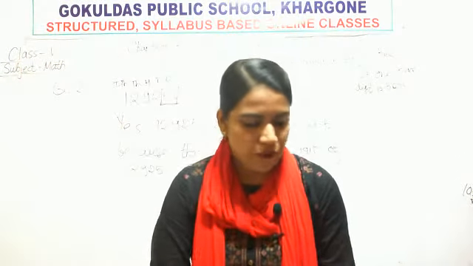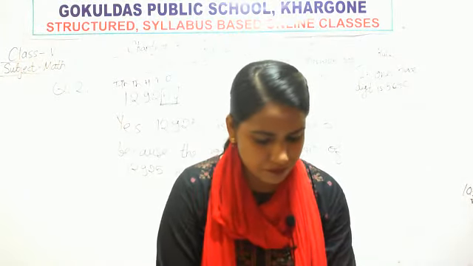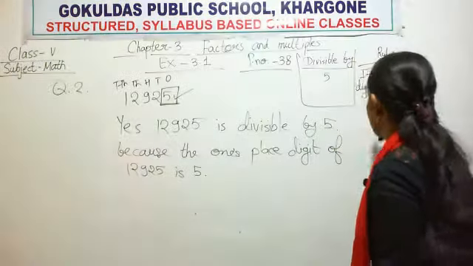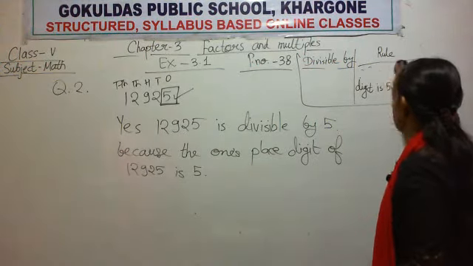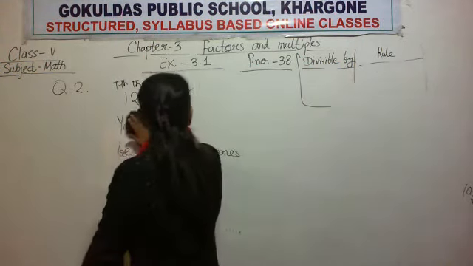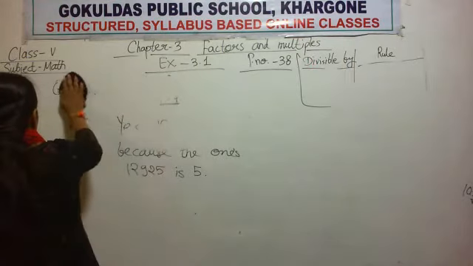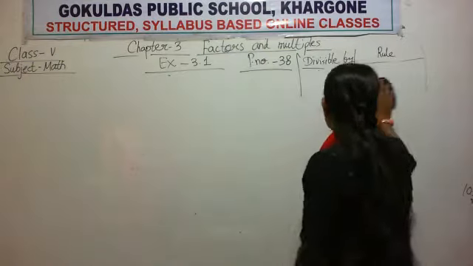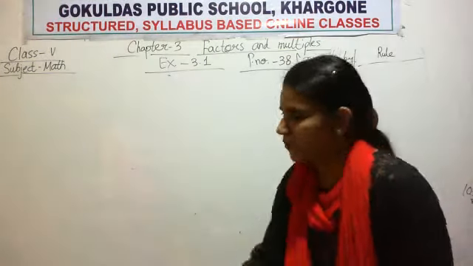First of all, let me write the rules for divisibility by 4 and divisibility by 11. I am writing the divisibility rules here.